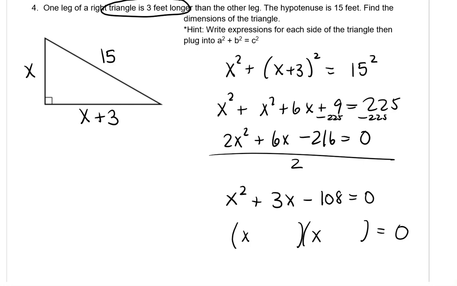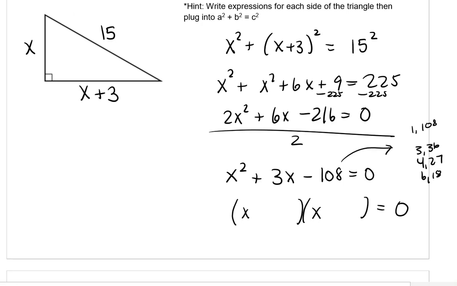All right. So what do I want here? We want to think about what multiplies to 108. 1 and 108 is not going to be helpful, but 4 and 27, 6 and 18, 9 and 12.